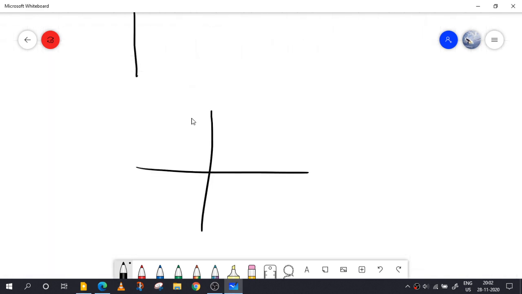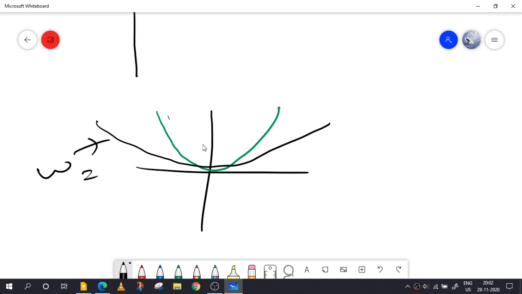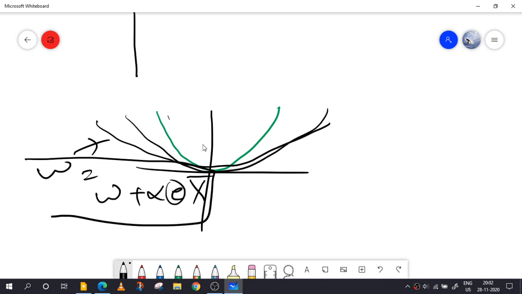Let's say this is a graph, and this is the actual one, and this is the one we got. So w is equal to w plus alpha e x, and based on your e it will go either plus or minus, so your w will update. Do you see it? w is equal to w plus, and your w will update here.